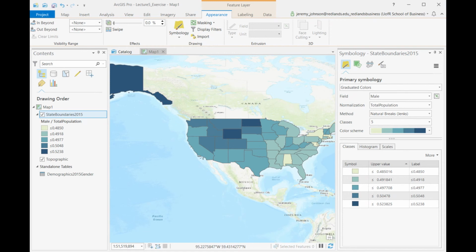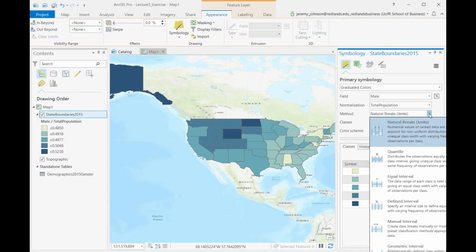One of the tricks to this, and if you're writing notes, please be aware of this, one of the tricks to highlighting certain things or washing them out is the number of classes you have. You can use different methodologies in how you break them up. Natural breaks is by default what comes up.